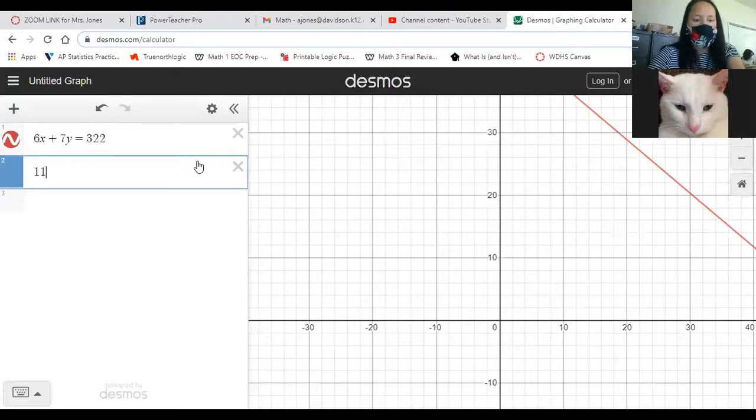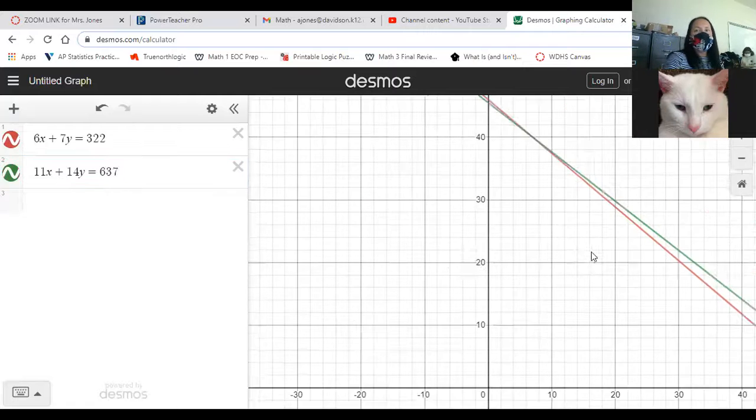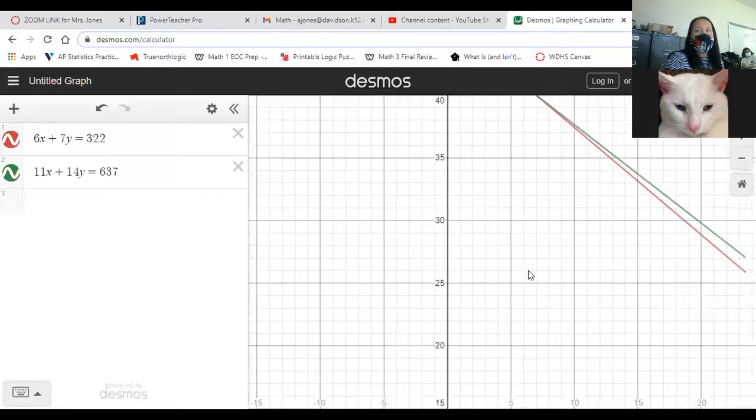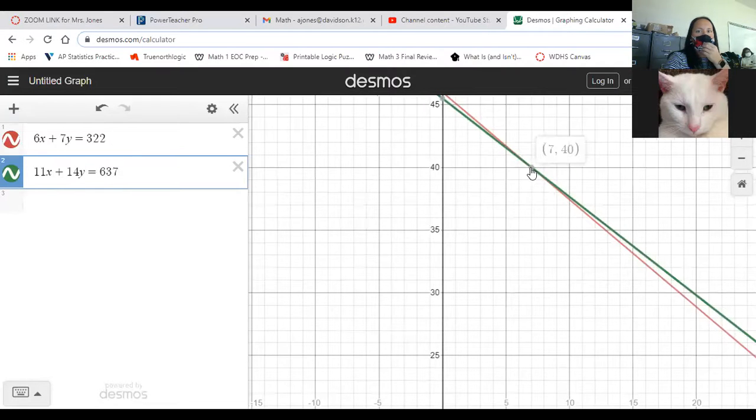And then we have 11X plus 14Y equals 637. If you can't see it, move it around. If you're still unsure, remember that you can zoom in as well so that you can find it. So 7, 40 is your answer.